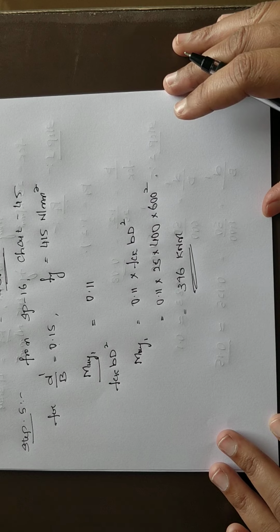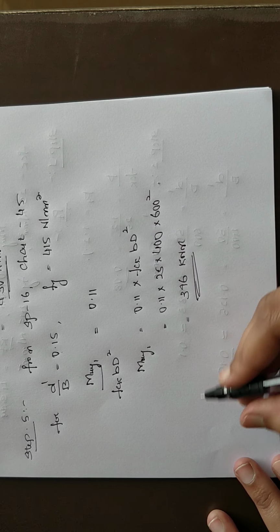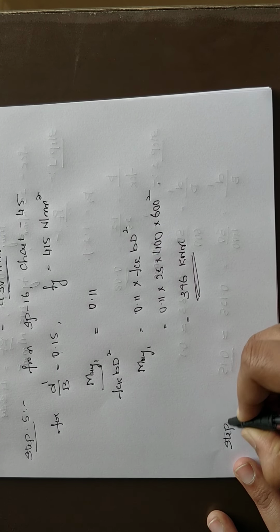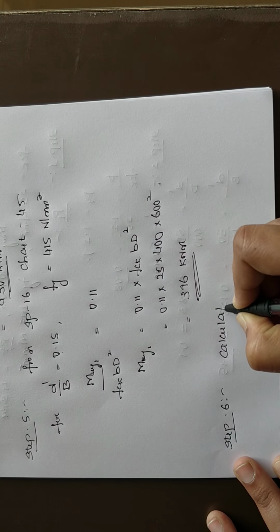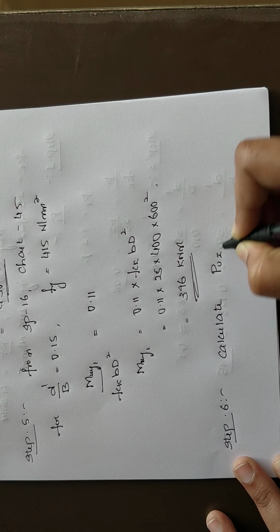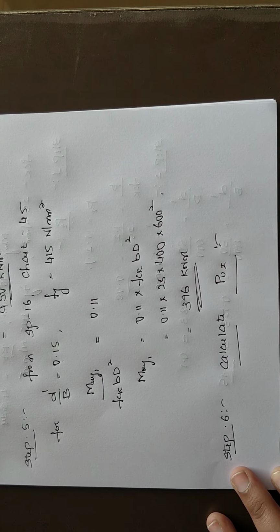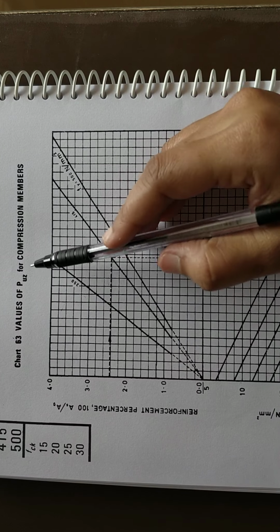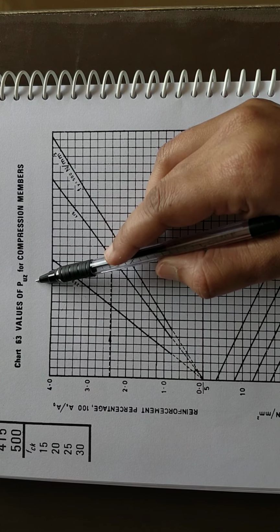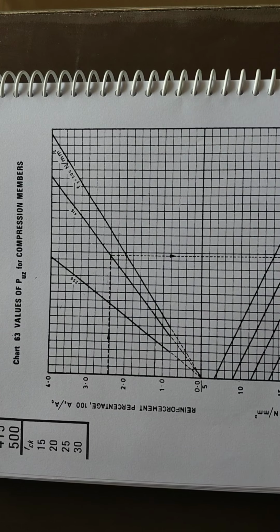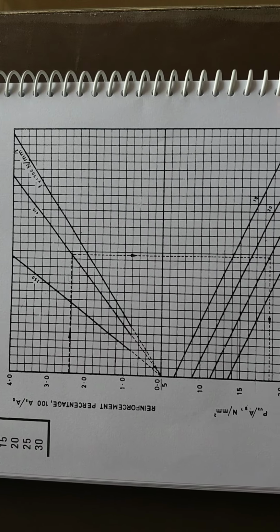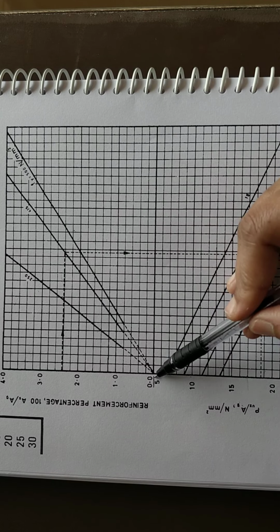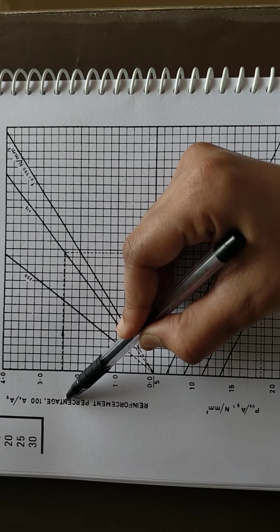Once you calculate MUY1, next is step number 6. Calculate PUZ. In order to calculate PUZ, from SP 16 chart 63, for given Fy equal to 415 and FCK of 25, observe this chart. From above, the reinforcement percentage we have assumed is 1.2%.